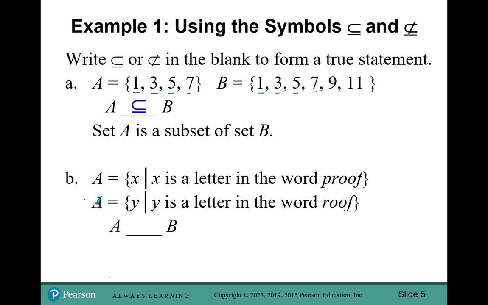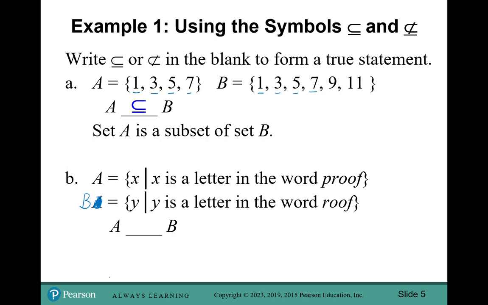This is set B. B equals the set of Y such that Y is a letter in the word roof. So, as I look at this, we want to know, is A a subset of B? I apologize for the typo in my slide here, but this is set B. So, let's think about this.